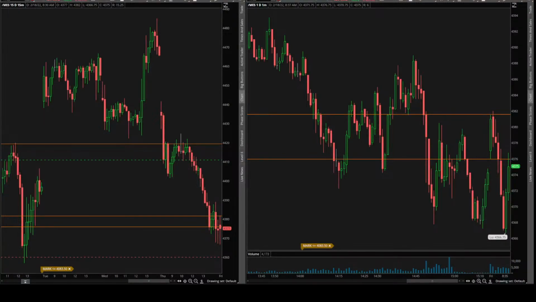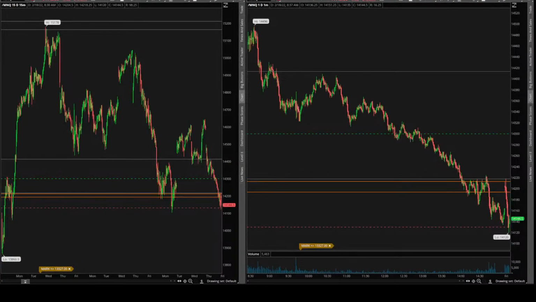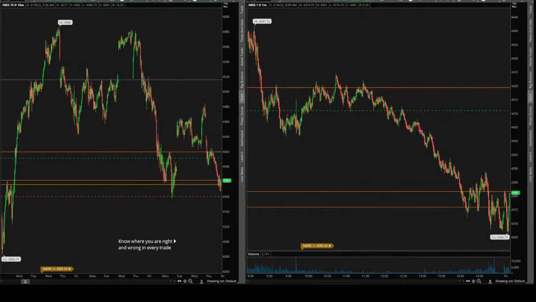Right, I'm just going to pull up NASDAQ again. So NASDAQ sitting on the lows, came down to its overnight low. Got NASDAQ on one of my other screens.